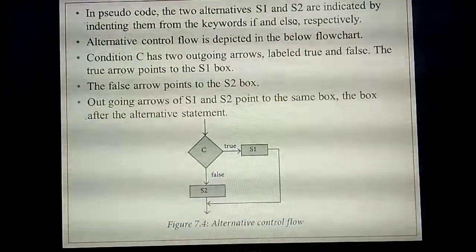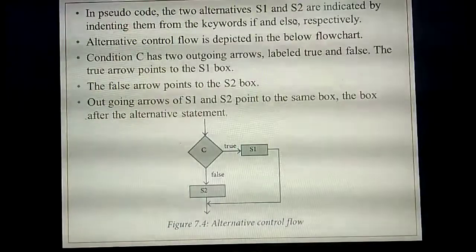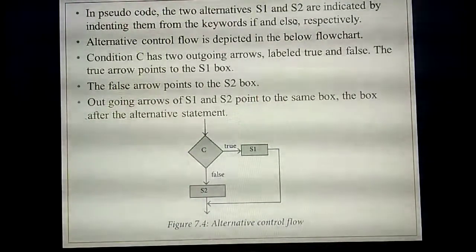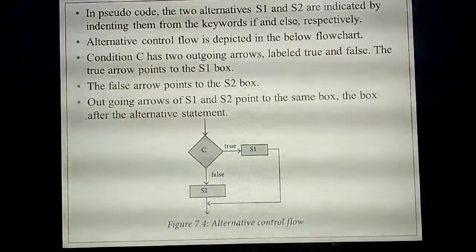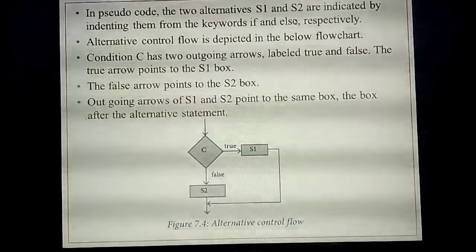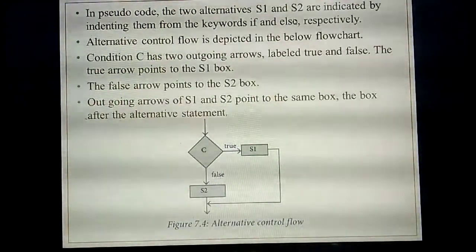So alternative means it will have two conditions, true or false. For a condition you always draw which box? A diamond shaped box, isn't it? A diamond shaped box always has two arrows, one pointing towards true and another pointing towards false.